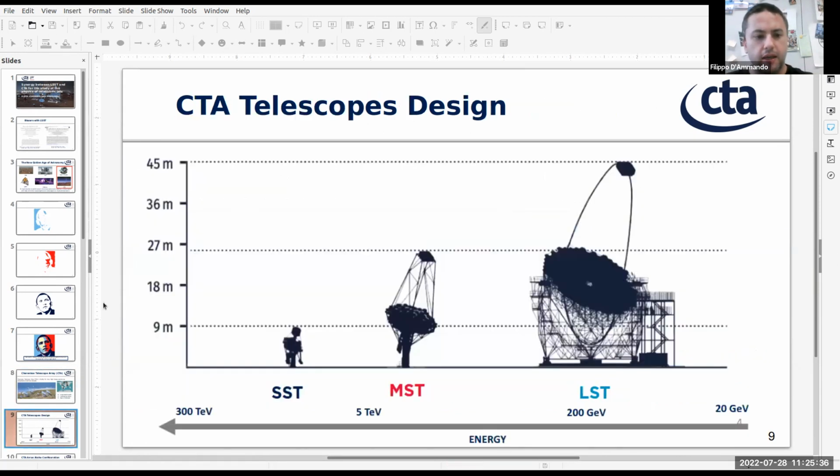And here you can see the design of these telescopes that are divided into small size, medium size, and large size telescopes with different energy coverage, for an overall coverage of the energy spectrum from about 20 GeV up to 300 TeV.